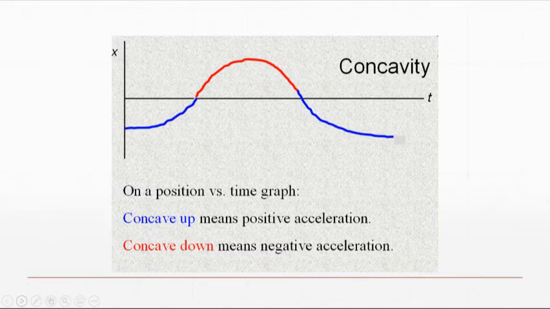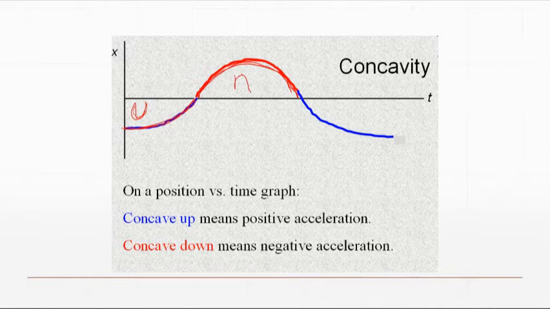So concavity, what does concavity mean? What I mean by that is you'll see this goes up, okay? It caves up, so it's like forming a bowl or a U. If it concaves up, it means that there's positive acceleration. If it concaves down, that means that there's negative acceleration.